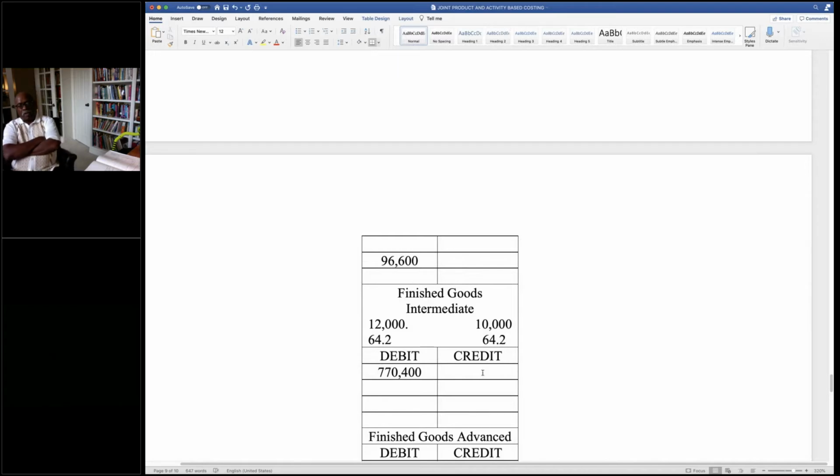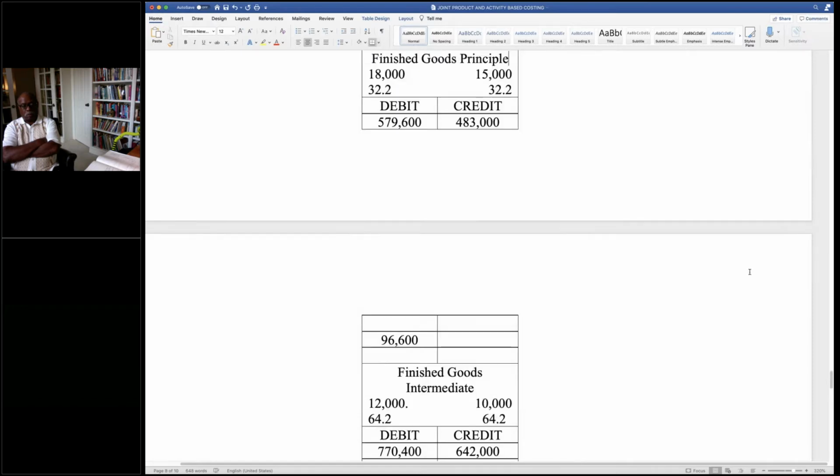Yeah, so we're going to multiply the amount of units actually sold by their new unit cost, and that gives us $642,000. Okay, and then you'll be able to see that that credit of finished goods matches the journal entry that we need up above. So if we drag it to the journal entry to finish the intermediate, oh wait, I'm sorry.